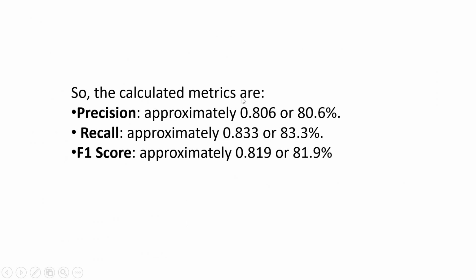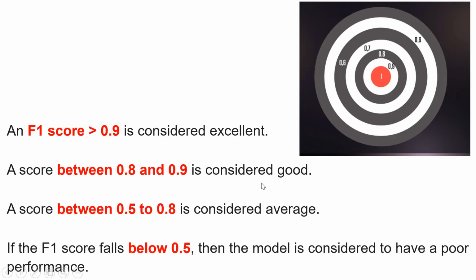So the calculated metrics are: precision approximately 0.806, meaning 80.6%. Students, you can give the answer like this only, or if you want to convert into percentage, that is also acceptable. For recall, approximately 0.833 or 83.3%, and F1 score approximately 0.819 or 81.9%.